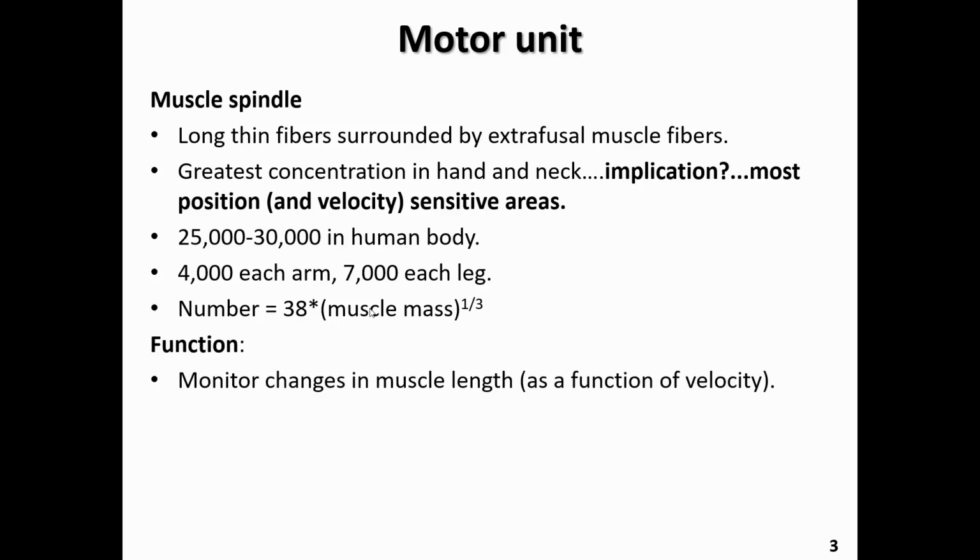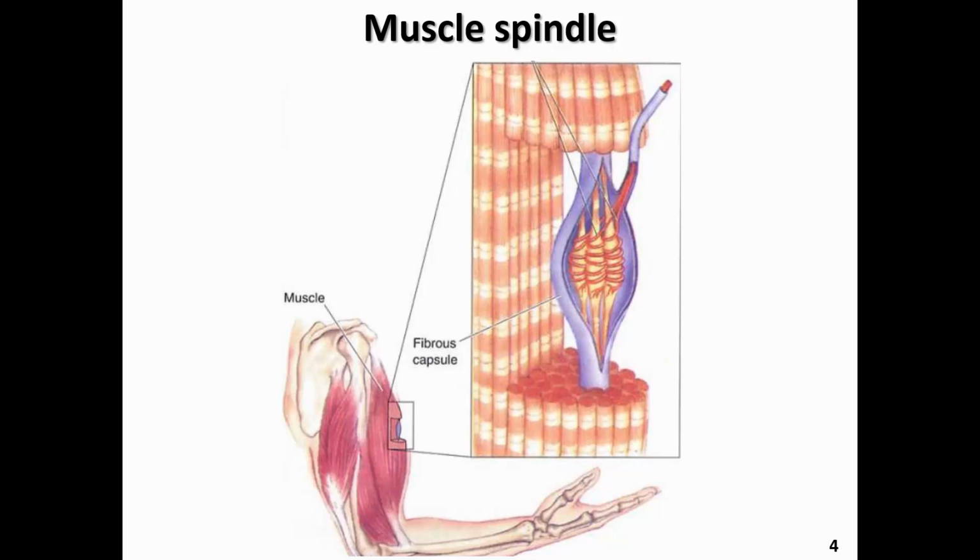The major function of the muscle spindle, being a sensory organ, is that it functions to monitor changes in muscle length as a function of the velocity. So, not just the lengthening of a muscle, but the speed at which that muscle changes length. In this illustration of the muscle spindle, what's important to understand is that it gives rise to sensory neurons.